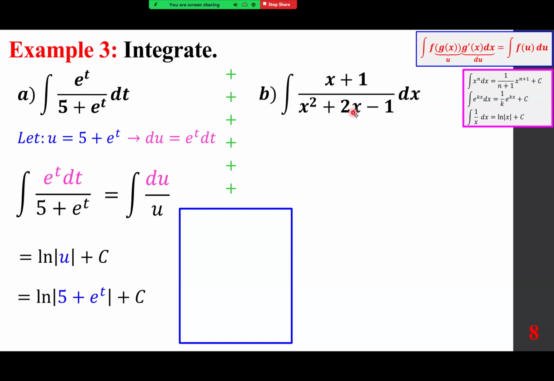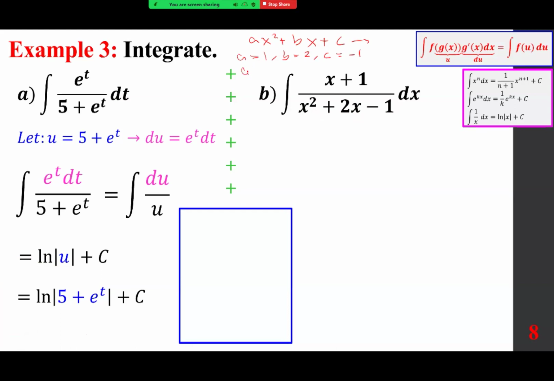This is similar. The very first question: can I simplify it? The answer is no. If you look at the denominator, a is 1, b is 2, c is -1.